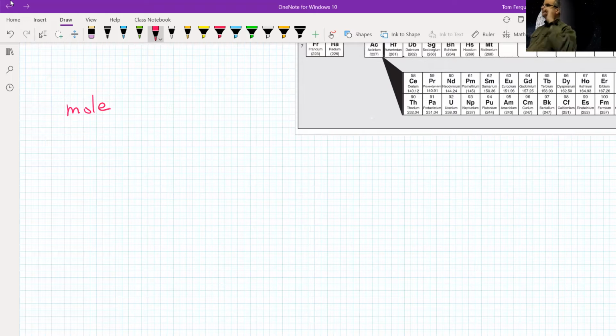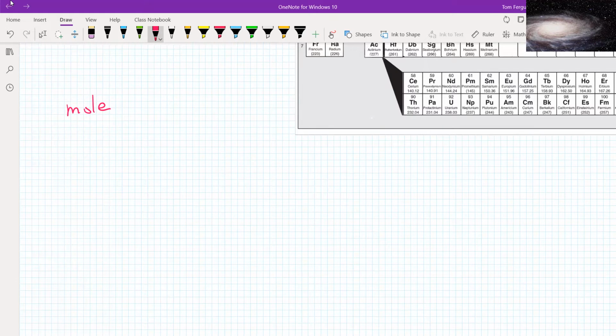Now, mole comes from the word molecule. Okay, and what is a mole? It's just a convenient number. It's just like a dozen. It's a huge number, but it's just a number. So we can have a mole of atoms. We can have a mole of molecules. We can have a mole of sheep.